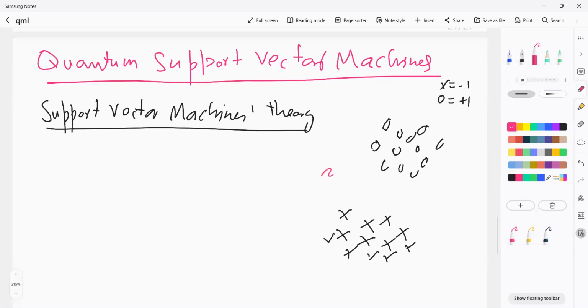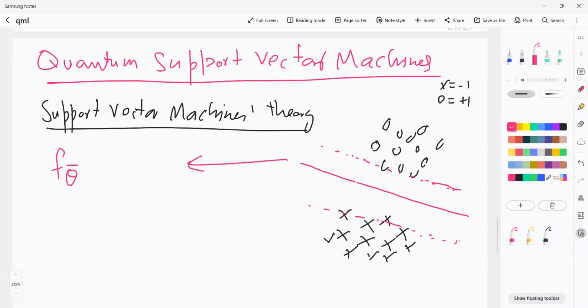So let's imagine a separator like this. And this is sort of a boundary on this side, and this is a sort of a boundary on this side. And this separator, let's say, has a functional form f_theta(x) equals theta dot x, and let's assume that the bias is 0.